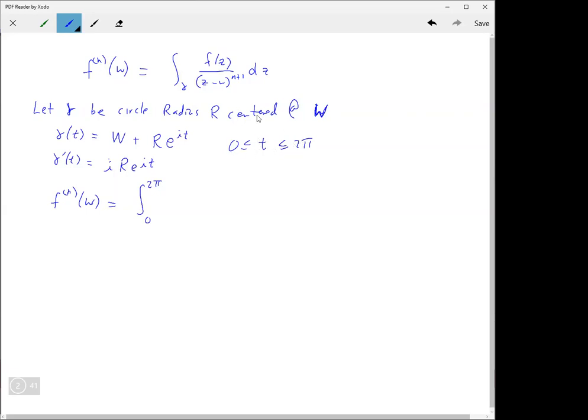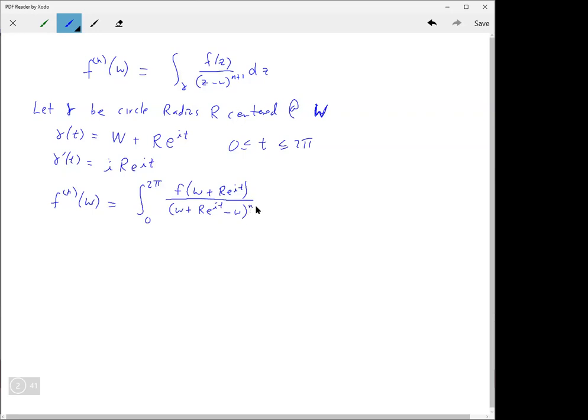Here the z gets replaced with w plus r e to the i t, including this z here, and then there's a minus w.